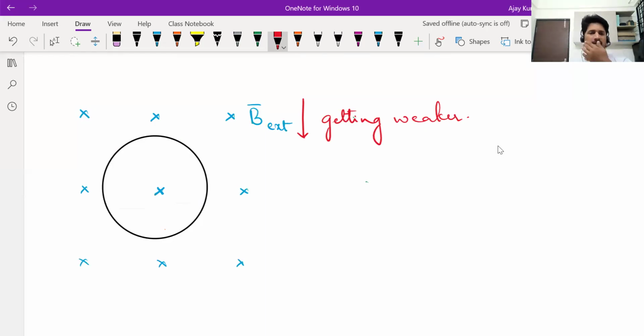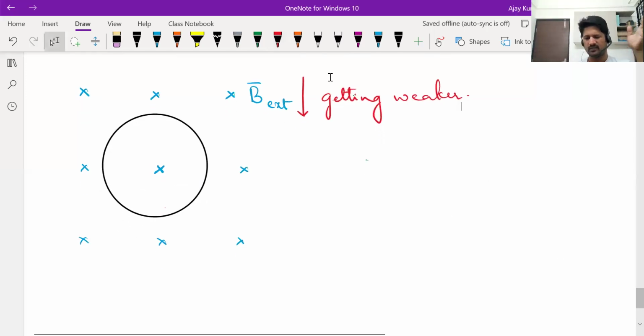What will the direction of current be in this case? Induced current in the loop. Think carefully and answer. Type your answers in chat. Whether the induced current will be clockwise or anti-clockwise is what I want to know.